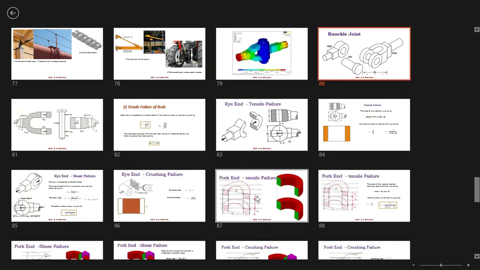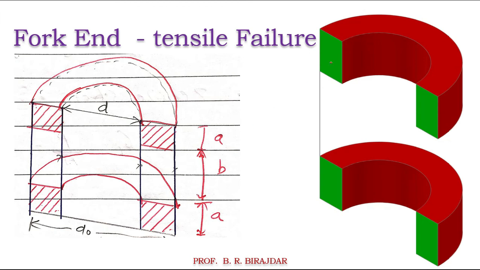The same thing I had shown here. This green color shows the area which is resisting the tensile failure. Now what are the dimensions? We know that the outside diameter is DO, and the inside diameter is D. So DO minus D into A gives one area, and at the upper side also.